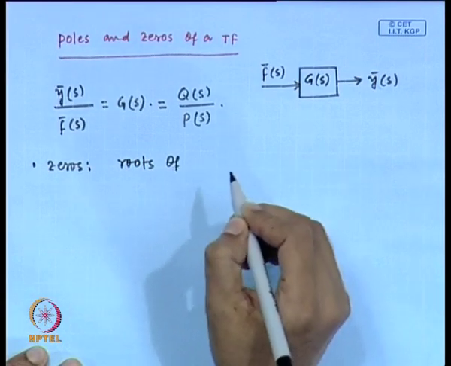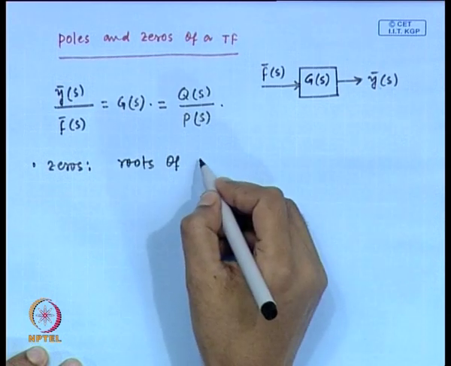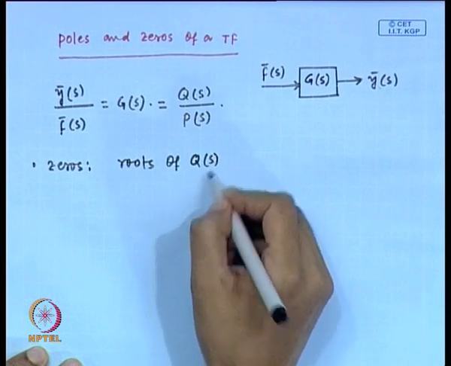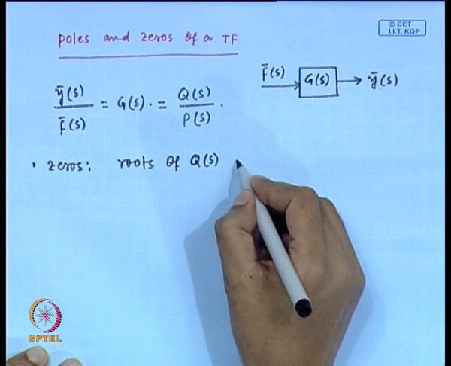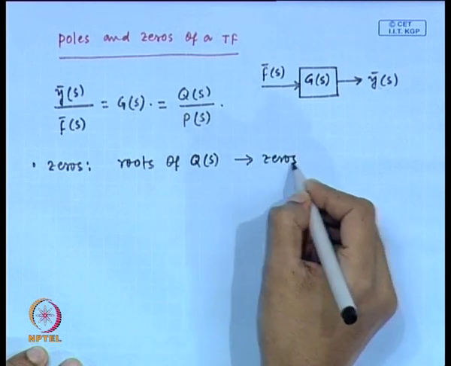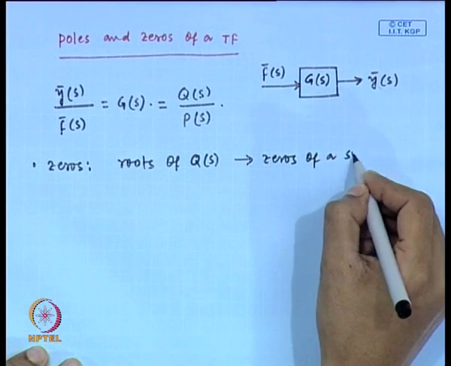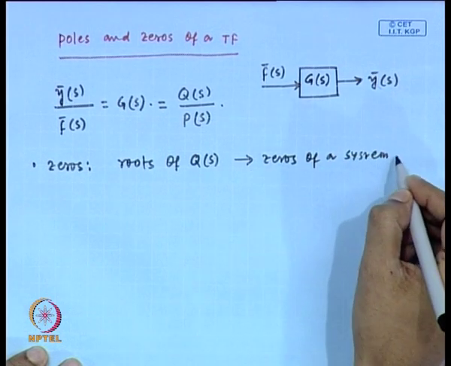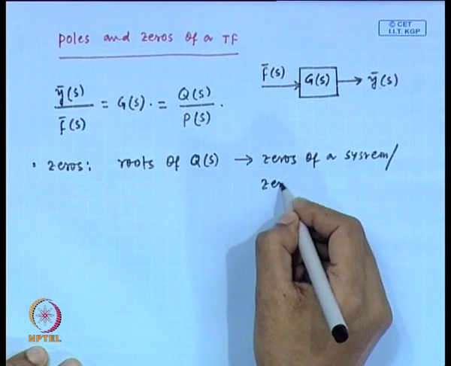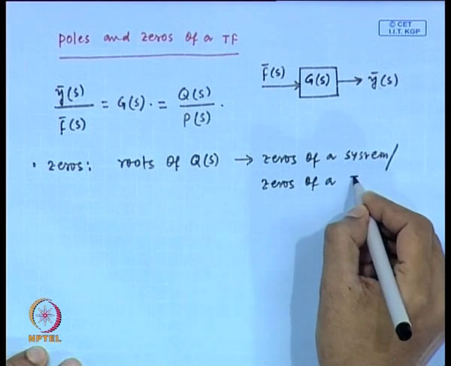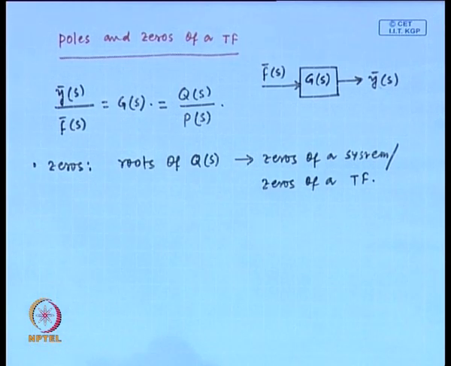Roots of the polynomial Q(s) are called zeros of a system or zeros of a transfer function. Got it? It is very simple. Q(s) is a polynomial. Now, we need to determine the roots of that polynomial, and those roots are zeros of that system or transfer function.